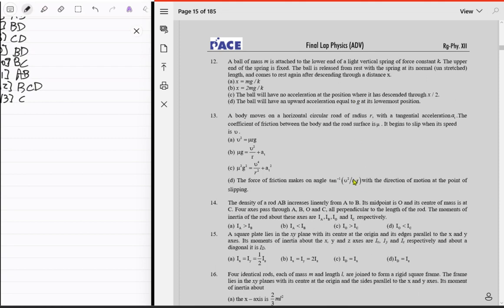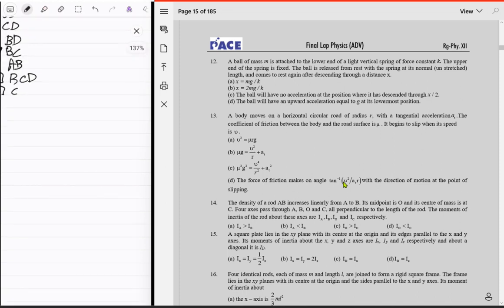So that's with the direction of motion, of course. Along the direction of motion you have at, and then v squared upon r along that. So v squared upon r upon at, which means C, D is correct.